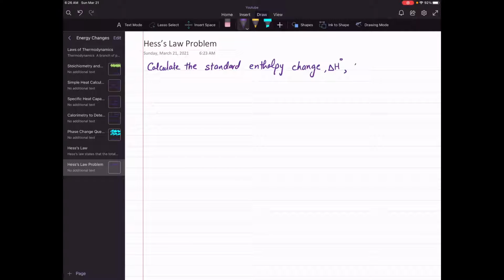For the formation of one mole of strontium carbonate from its elements.